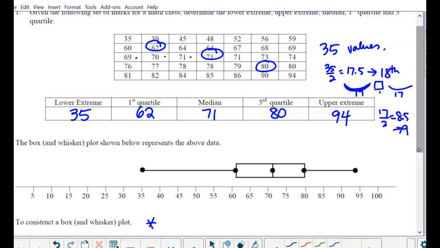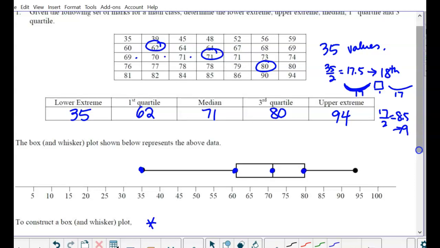And then your lowest value is 35. So somewhere above, you put your first point. Then get a straight edge out and follow along and draw a line to your first quartile. Then don't draw a line, but draw a point at your median. So you can keep your ruler there.